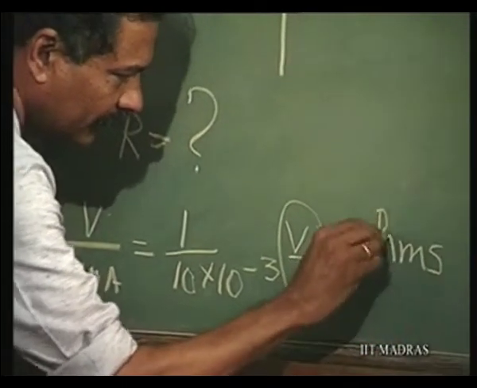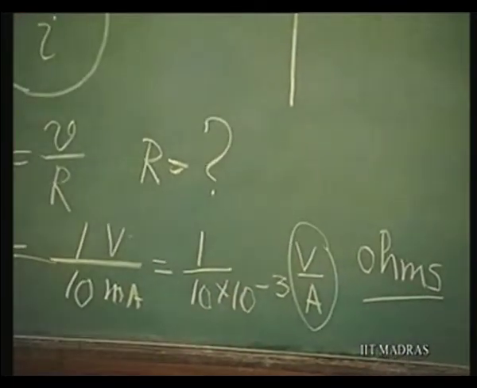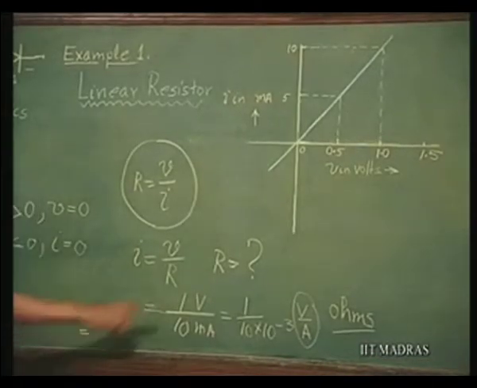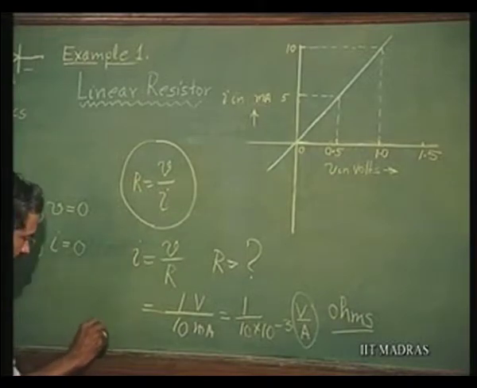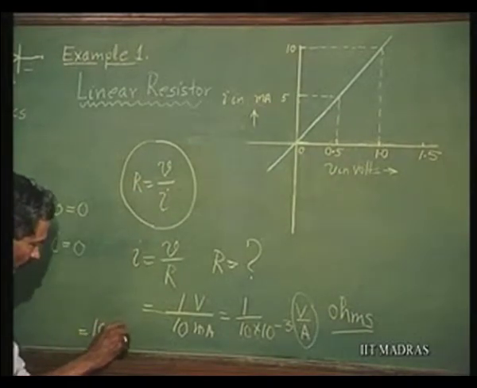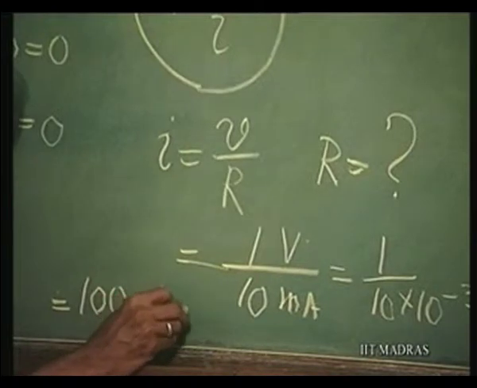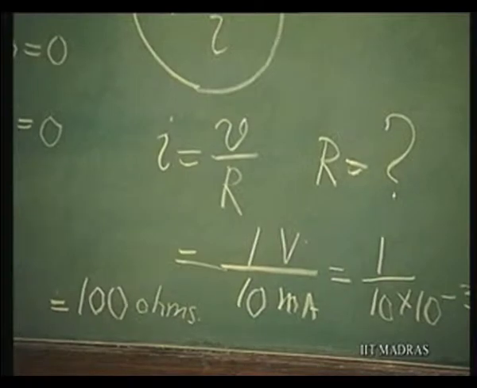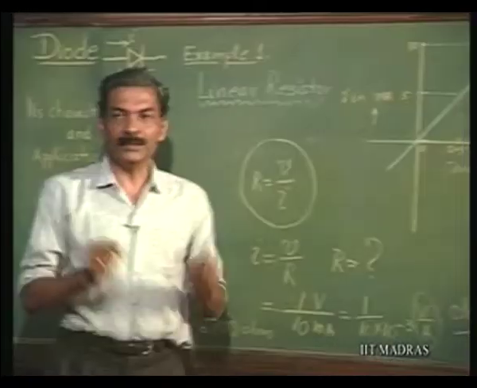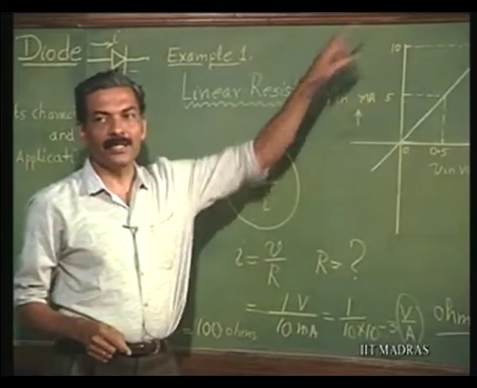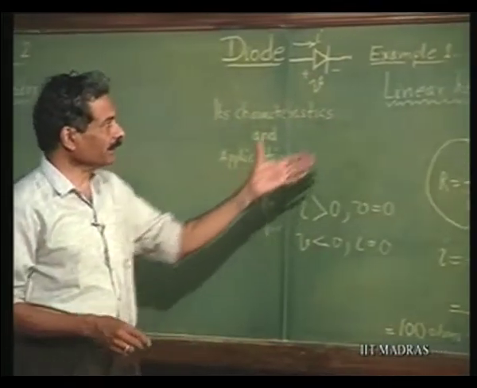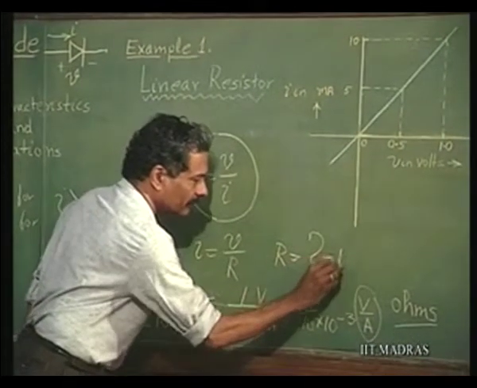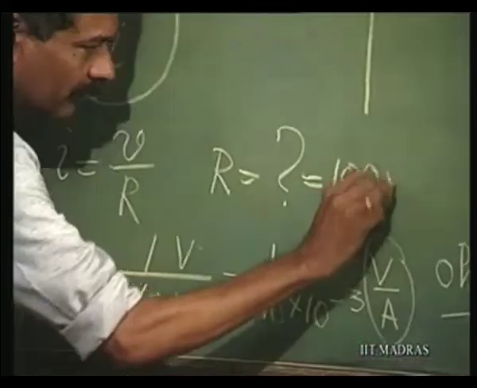That is the unit for resistance. So, this is nothing but 100 ohms resistance. That is, if you have 100 ohm resistance and if you apply 1 volt across it, it will produce a current of 10 milliamperes. So, this is nothing but the linear resistor. We have found out that the value of this is equal to 100 ohms from the graph.